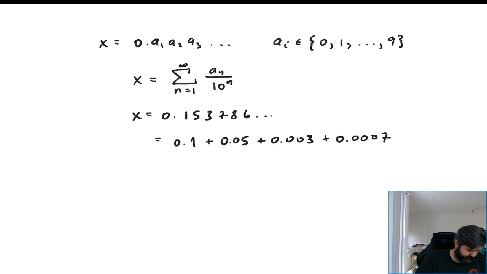Because it has to add up. This is the first decimal place, this is the second decimal place, third, fourth, and so on. But what are each of these? This is just 1/10. This is just 5 over 100, which is 5 over 10 squared. This is 3 over 1,000, so that's just 3 over 10 cubed, and so on.